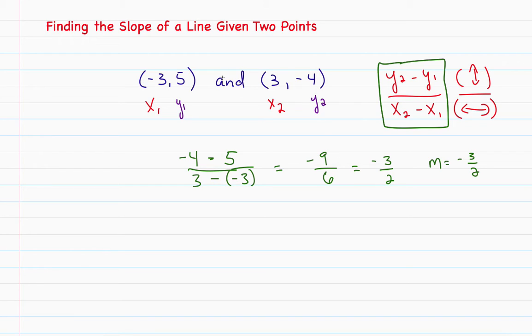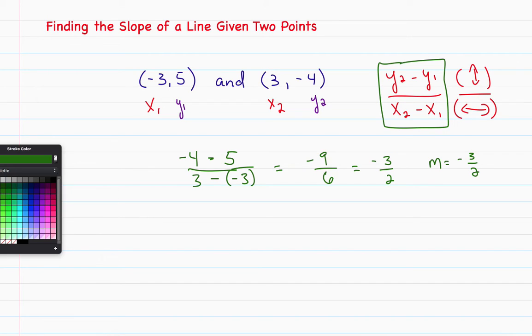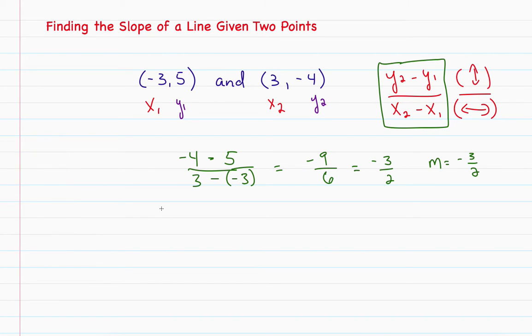Now you might be thinking, well, how do I know which one's x1 and which one's x2? Let's just assume that we have the same exact thing. I'm going to start with the same exact negative 3 comma 5 and 3 comma negative 4.